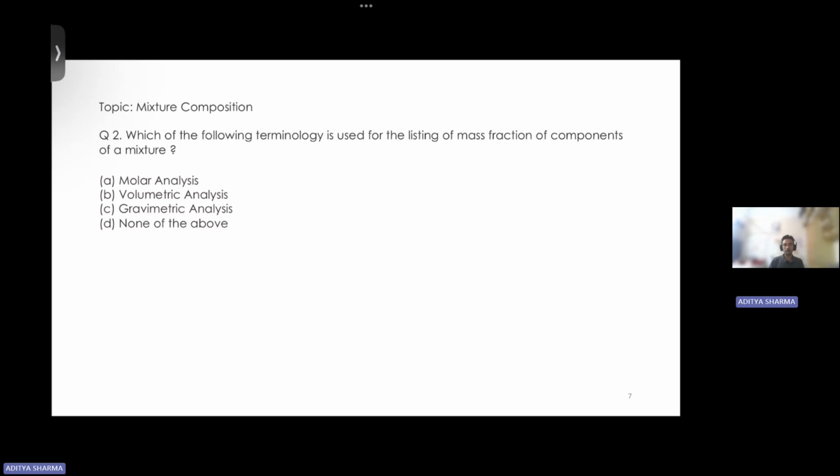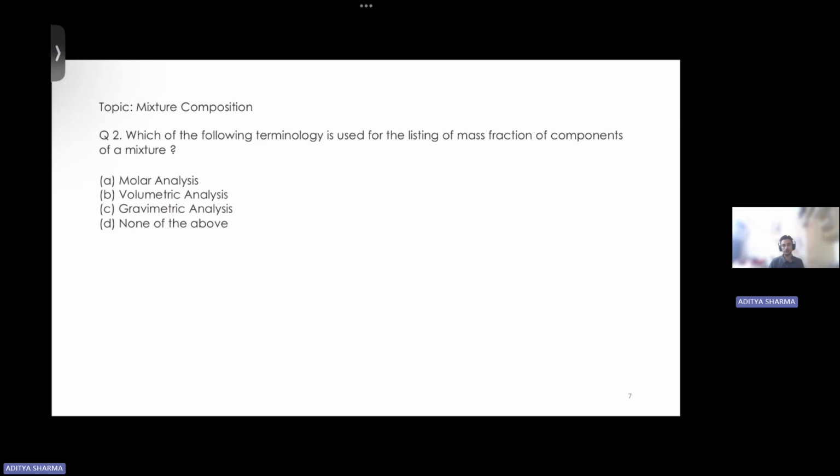But also we have seen that for volume fractions also, mole fractions prove to be handy, when we define the mole fraction of a particular component of a mixture in terms of the total volume of the mixture. So mole fraction proves to be very useful.